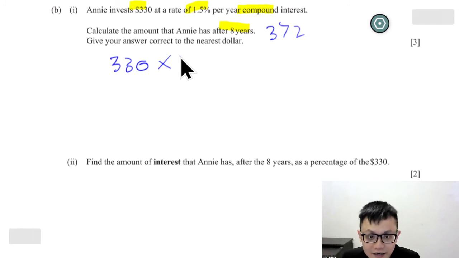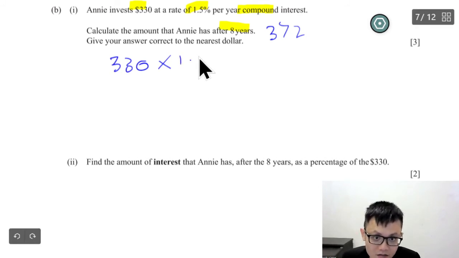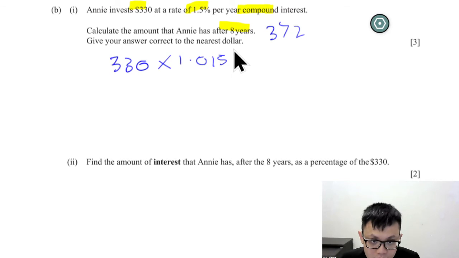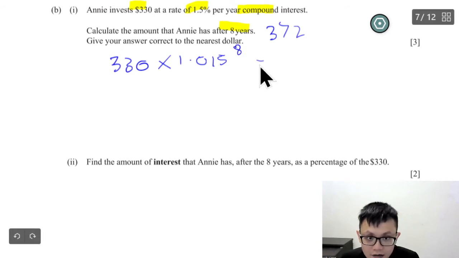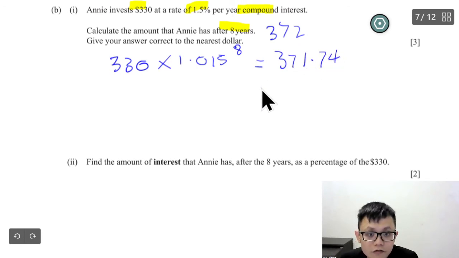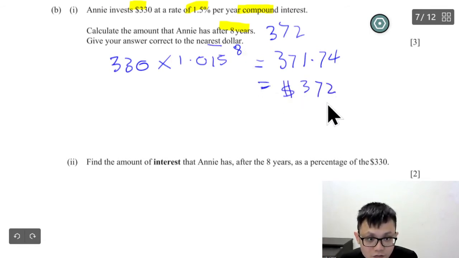So I just write 1.015 to the power of 8 years. So you will get the answer 371.74. To the nearest dollar will be 372.